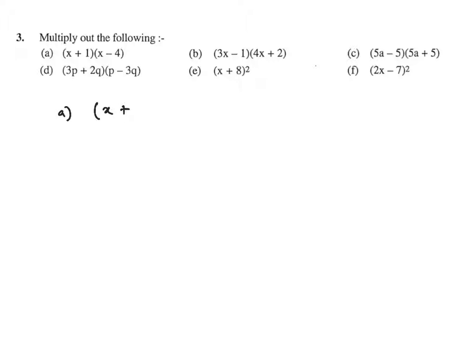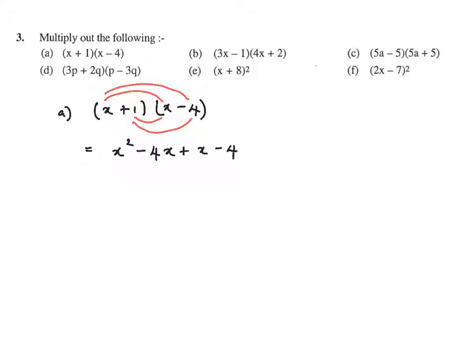Expanding brackets, nice and simple. X plus 1, x minus 4. So it's going to be x times x, x times minus 4, 1 times x, and then 1 times minus 4. X squared minus 4x plus x minus 4.